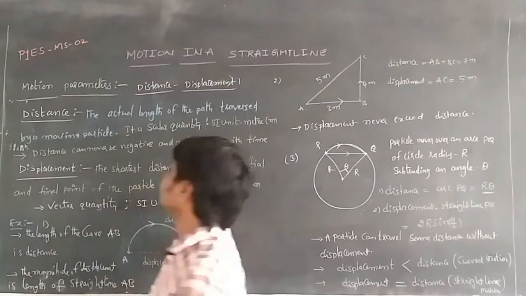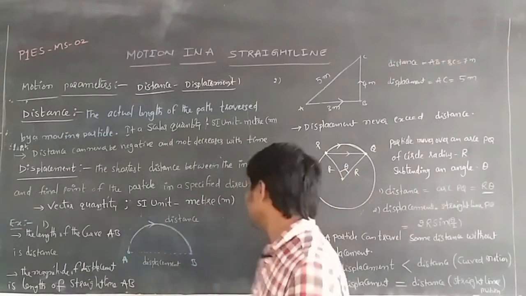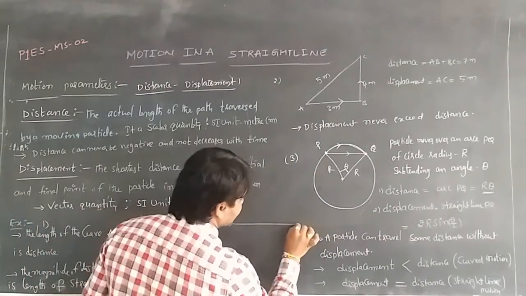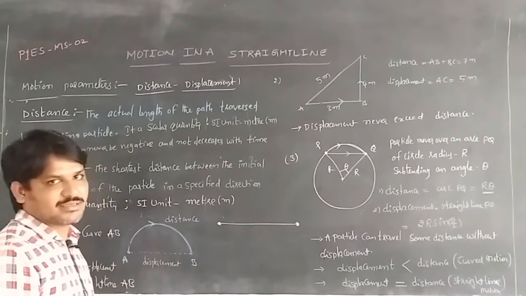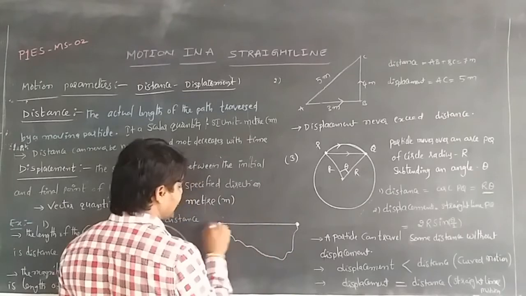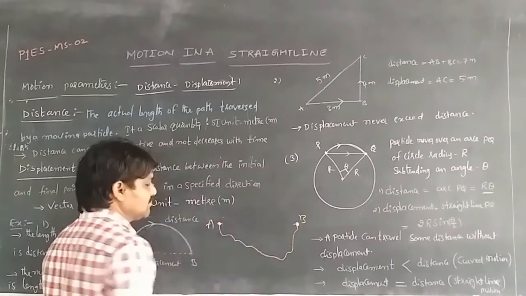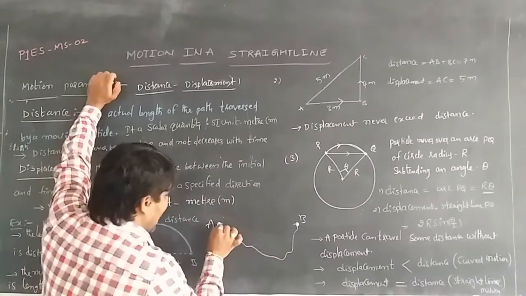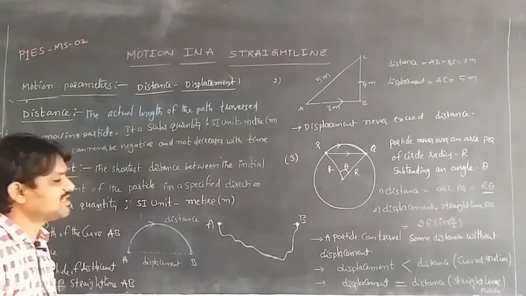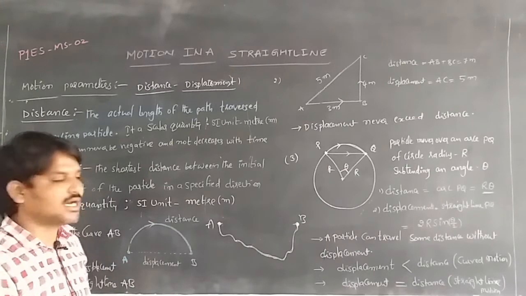So, in distance and displacement, what does distance mean? When the body is traveled from one point to the other point, either along a straight line or maybe a different path, from A to B, then the actual length of the path traveled by a moving particle is called distance.